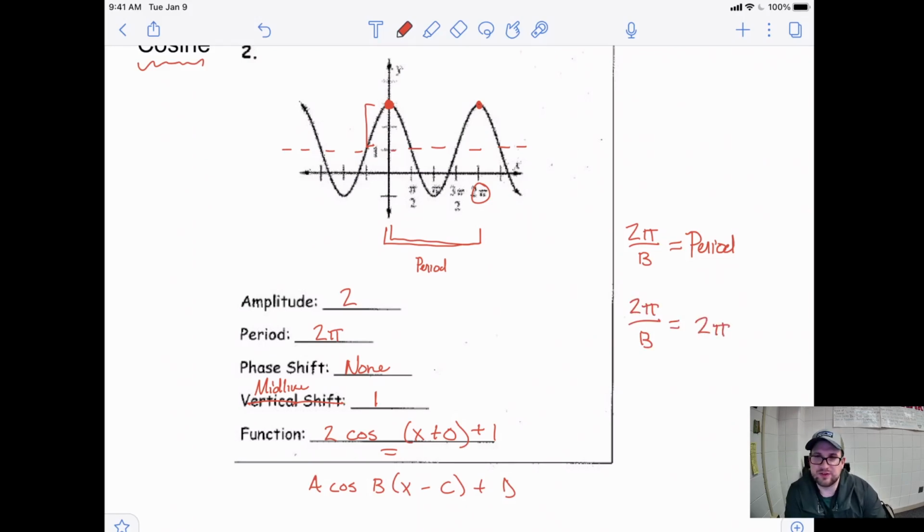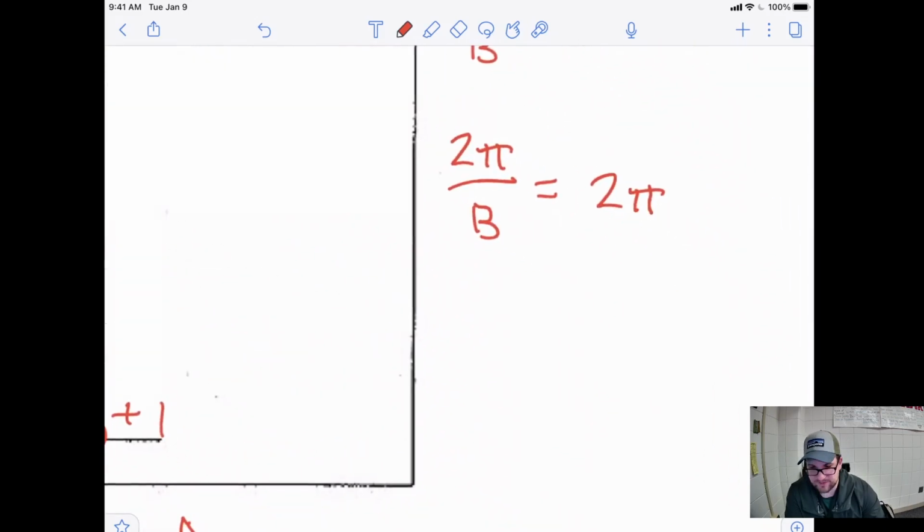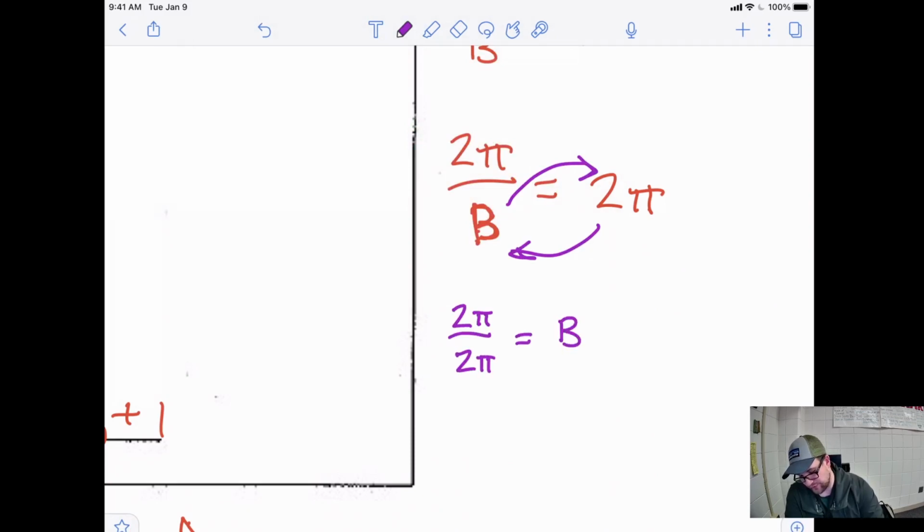Knowing what our period is doesn't necessarily tell us what our b value is, so we set up this mini equation over here and solve it. Anytime you have a situation like this, there is a switch that you can automatically make to put 2 pi on the bottom here and move b over to here. Doing that, we get 2 pi over 2 pi, which is equal to b. And then, of course, anything divided by itself is just equal to 1, which is what our b value has to be.